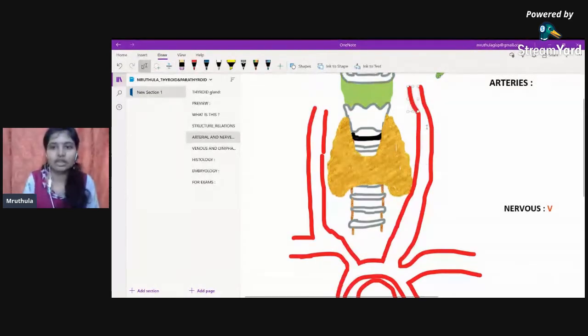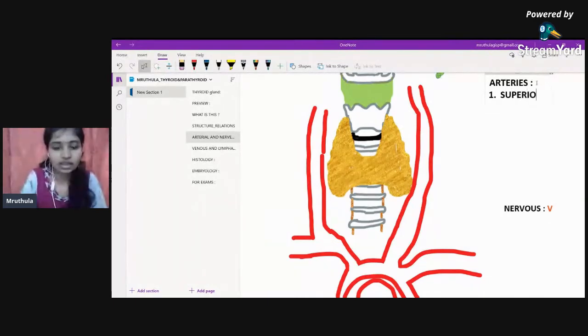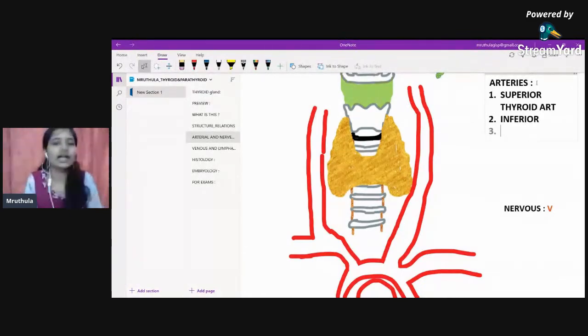Let us now see the arteries that supply the thyroid gland. First, let me name them for you, and then I'll show you in the diagram. The name itself is not very complicated: the first artery is the superior thyroid artery, and you know what the next one will be, the inferior thyroid artery. There is another artery, present in about 30% of people, called thyroidea ima.